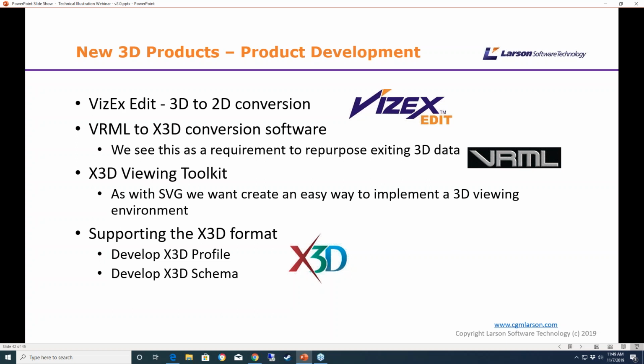So that's something we're thinking of as well. And also, as we spoke about a viewing toolkit for SVG, we're also thinking about an X3D viewing toolkit. And also perhaps an authoring environment for that as well. And also X3D profile schema, so we can have that interoperability again that's so important in our industry.